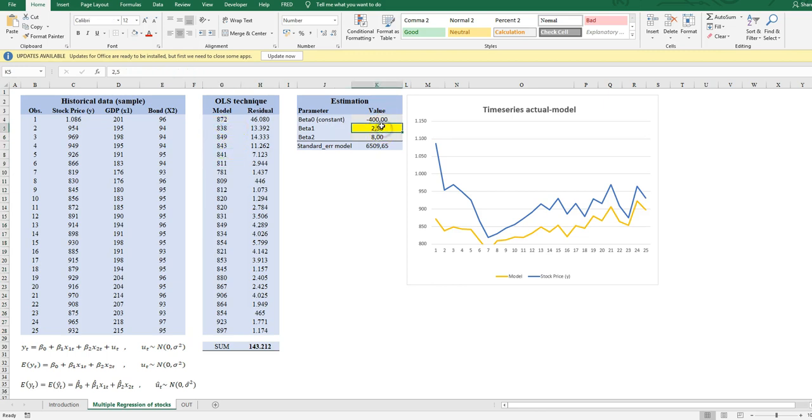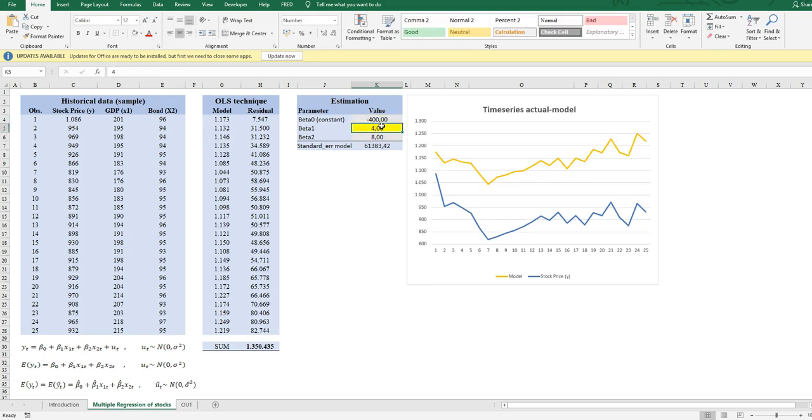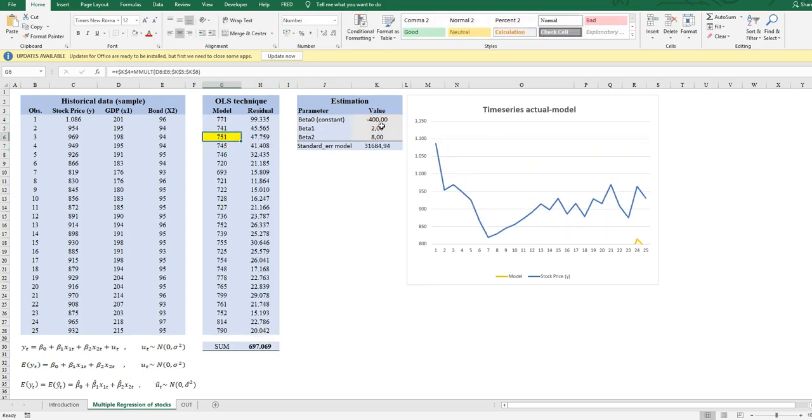And now we have a residual, which is defined as the difference between the actual price and the model price.